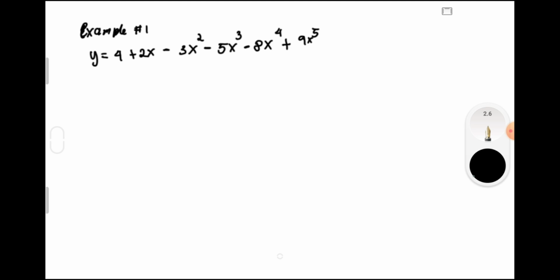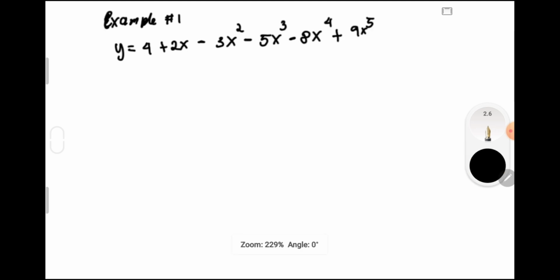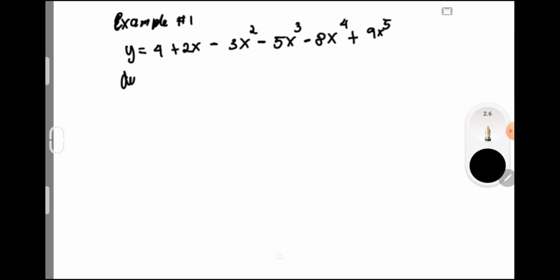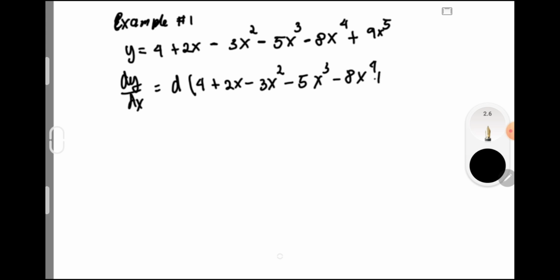So here, we will get our y prime, wherein we have our dy over dx. So when we take the derivative of this, we'll have the derivative of 4 plus 2x minus 3x squared minus 5x cubed minus 8x raised to 4 plus 9x raised to 5 with respect to dx.